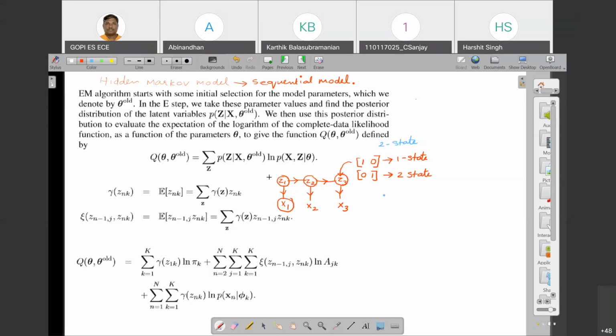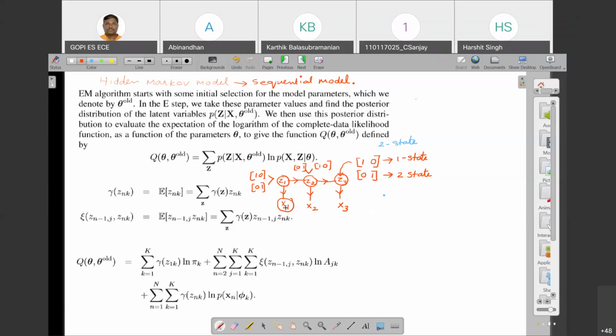That means Z1 can take the value 1, 0 or 0, 1. Z2 can also take 1, 0 or 0, 1. Right? So it is like that. This also takes 1, 0 or 0, 1, and Z3 can also take the value 1, 0 or 0, 1.